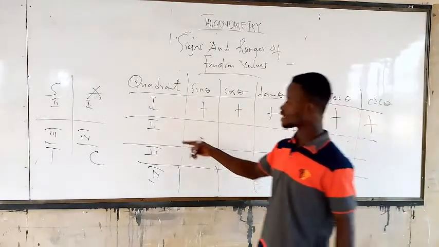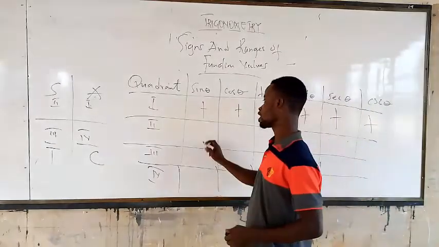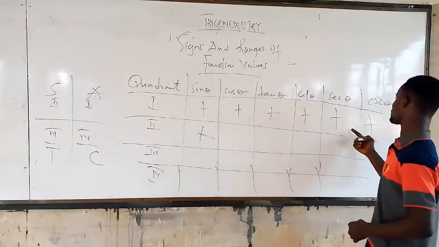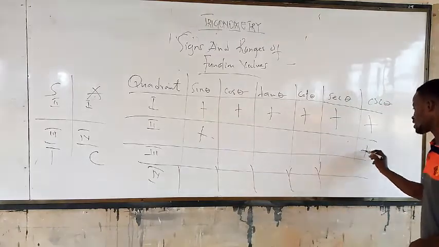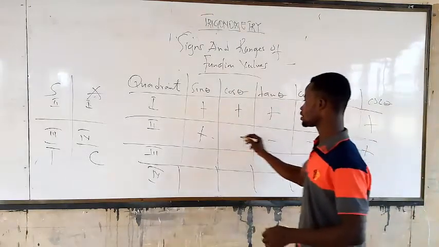But in the second quadrant, it's only sine and its reciprocal identity, which is cosec, that are positive, but the rest are all negative.